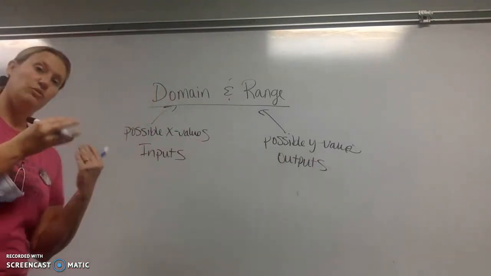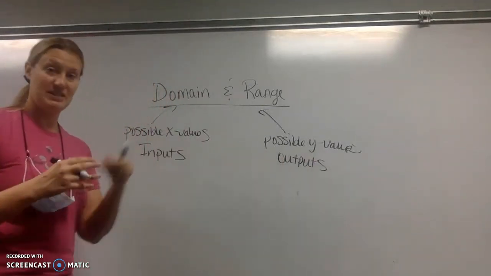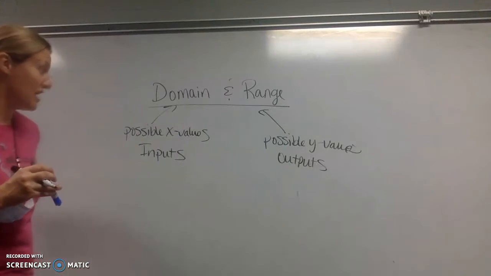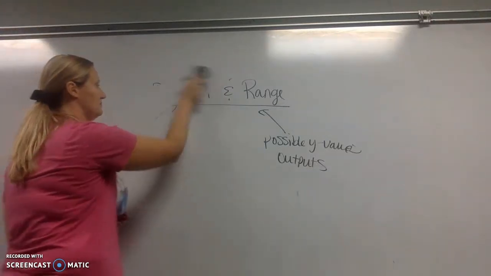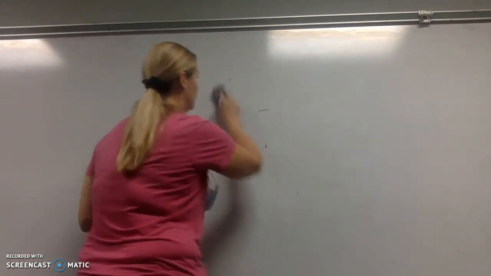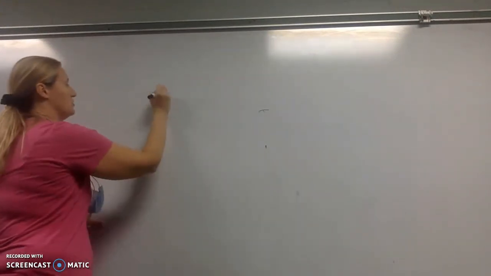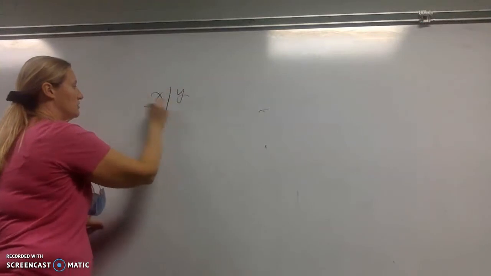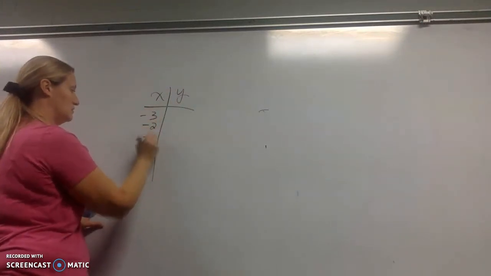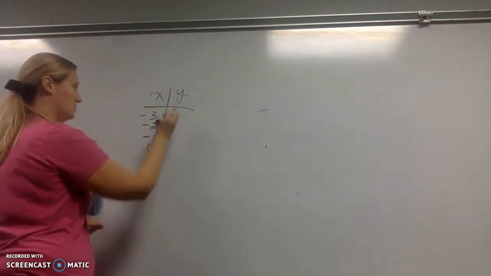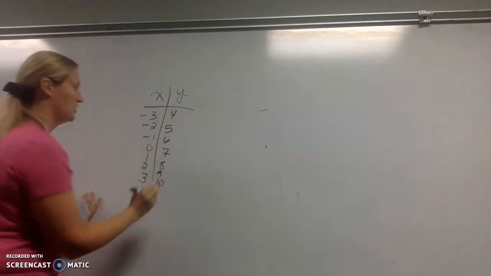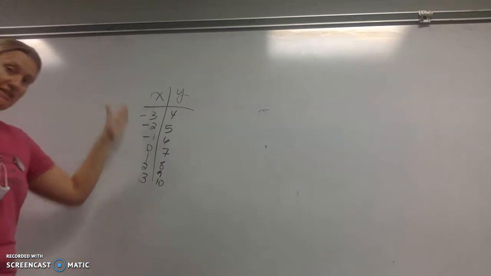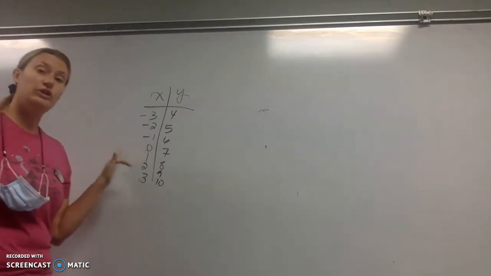Okay, and this is why we were talking about sets, because a lot of times we're going to talk about domain and range as sets. So to give you an example, if I give you a table of values. Okay, domain is the x values. So for this, all we know is what's in the table.